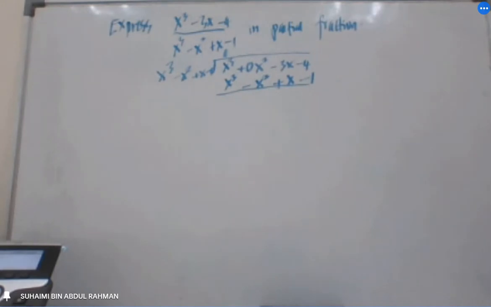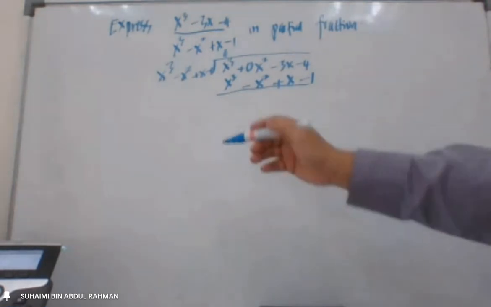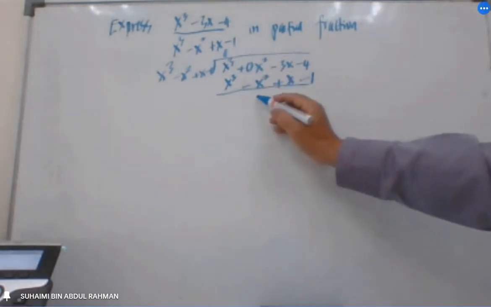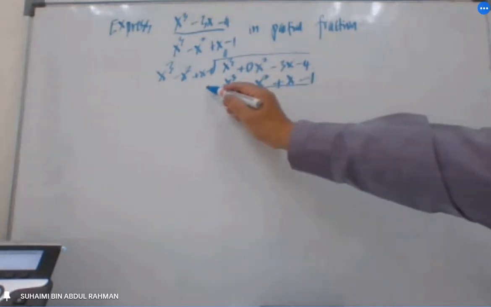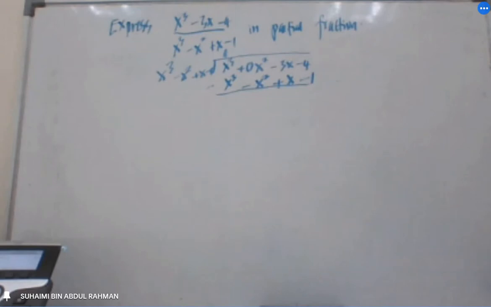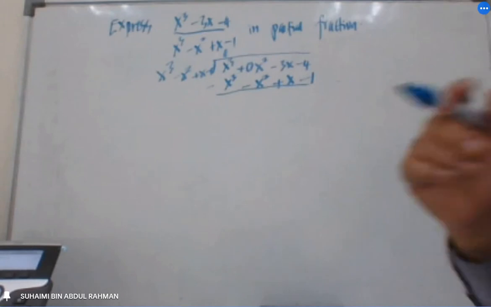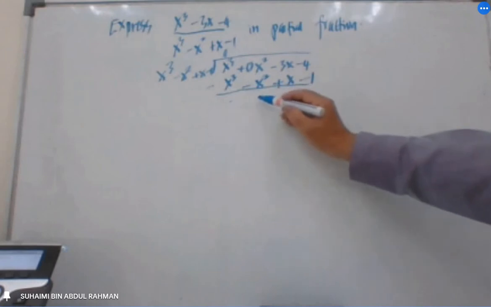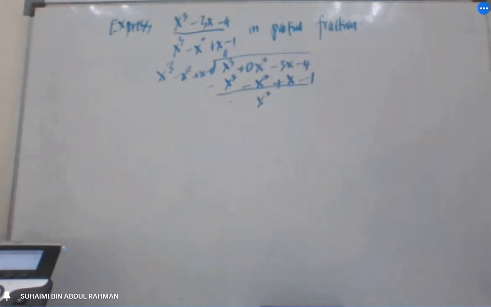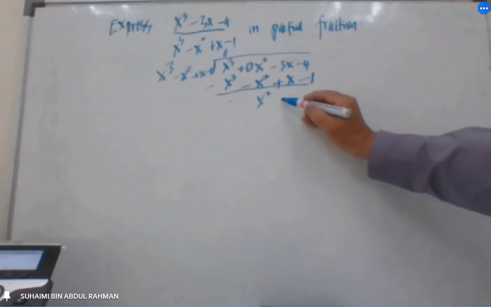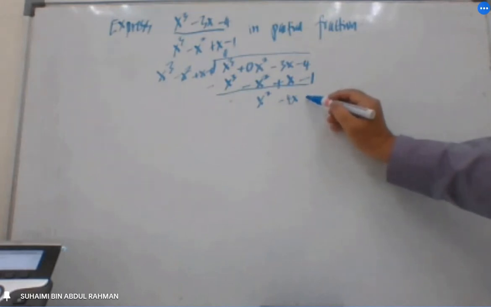Then subtracting, what do you have? Zero, then x squared, then minus 4, then minus 3.